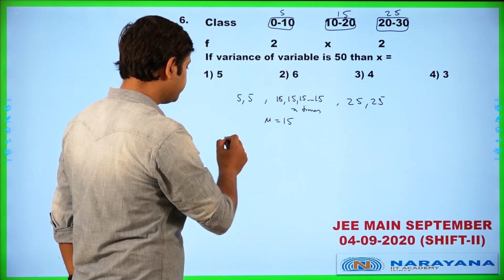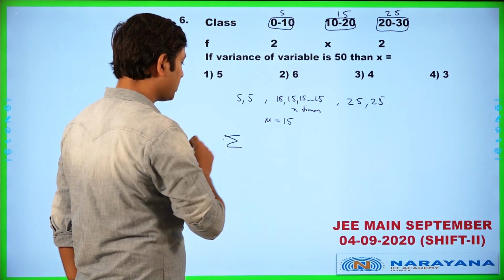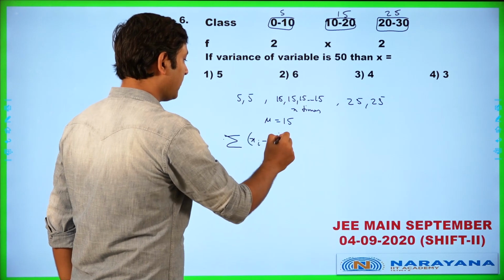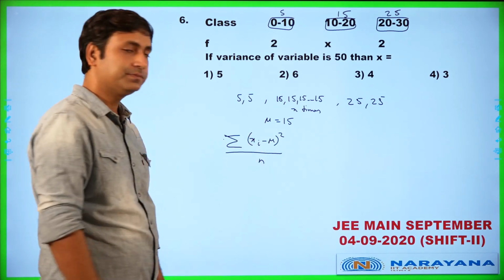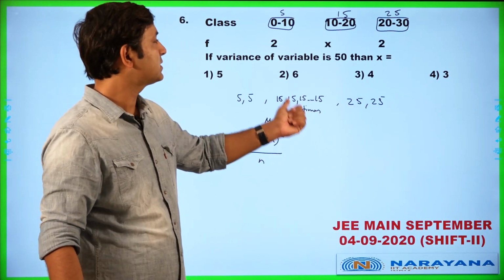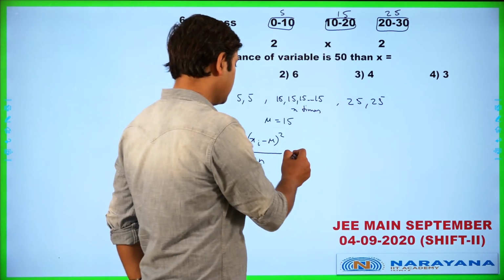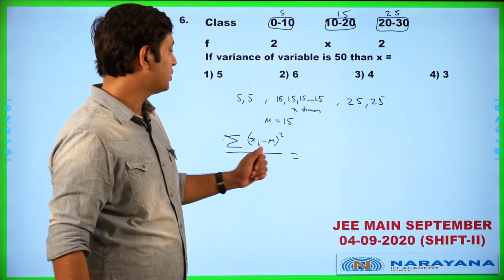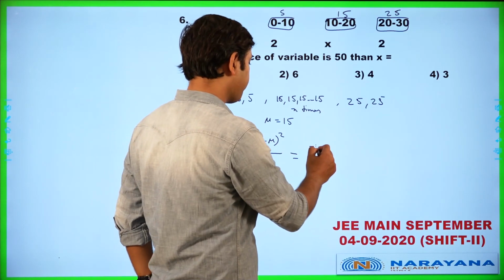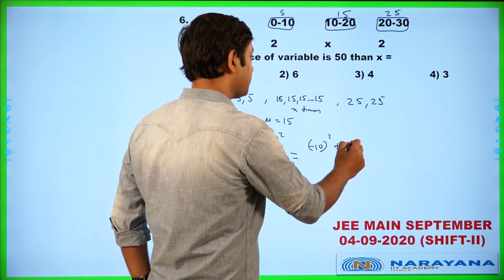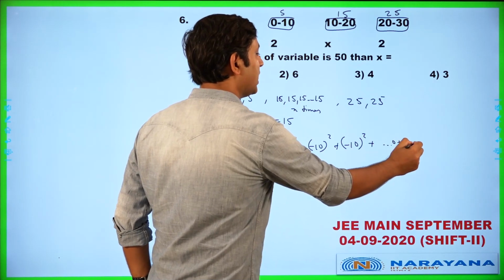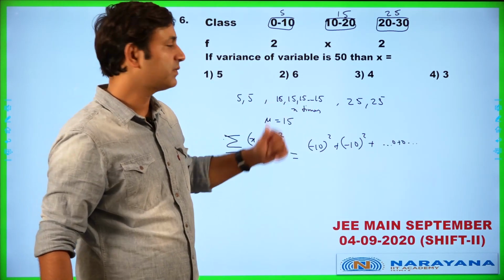What we will do is we will use the corresponding formula for variance, summation xi minus mu whole square upon n. How much is n? n is 4 observations plus x, so we have 4 plus x observations, and xi minus mu whole square is 5 minus 15 whole square, that is minus 10 whole square, plus minus 10 whole square, plus 0, x times, because 15 minus 15 is 0.